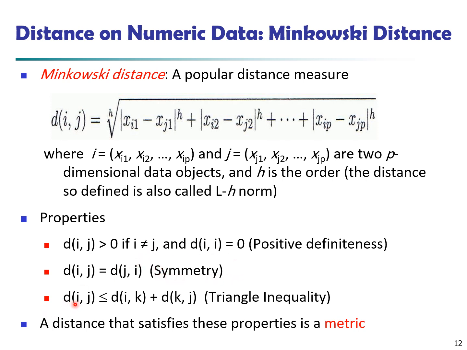If the dissimilarity of i and j is less than or equal to the dissimilarity of i and k plus the dissimilarity of k and j, meaning it is less than the addition of two dissimilarities through a point between i and j, we call it the triangle inequality. And any distance that satisfies all of these properties is called a metric.